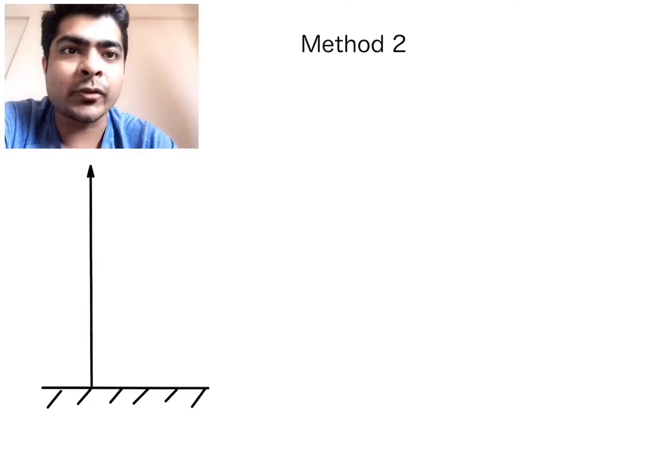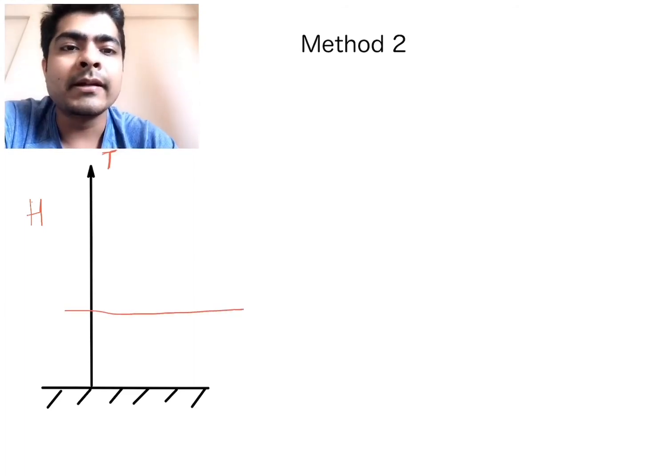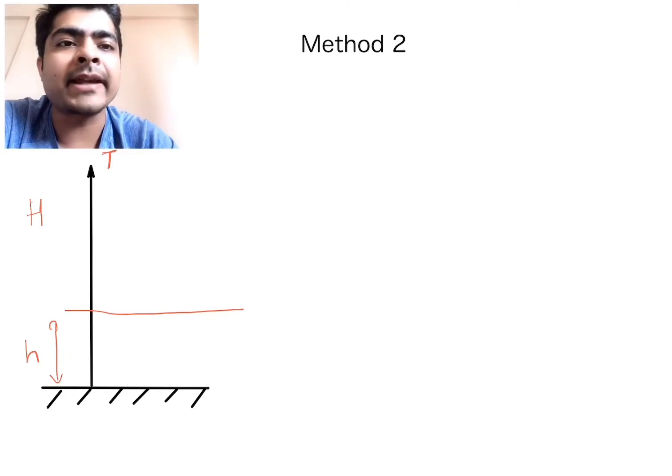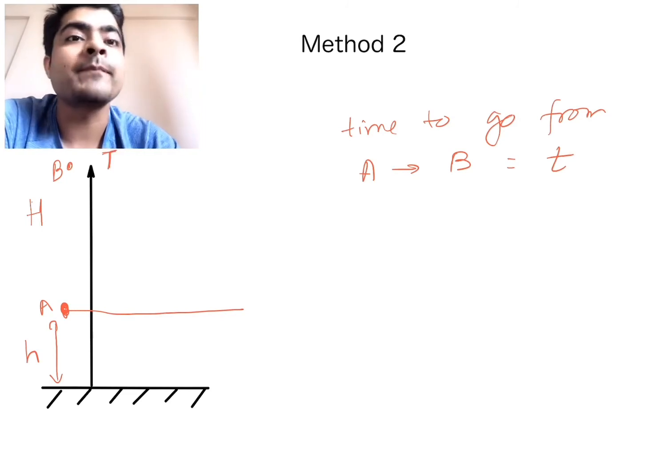It's going up over here and reaching this capital height H in time capital T. This is the height small h, and the time taken to go from this point, let's call it A, to the point B, is how much? Small t, correct?